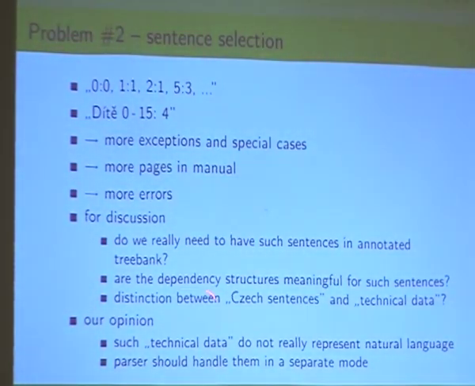At least we think there should be some kind of distinction between, say, Czech sentences and such structures, so that the sentences that have such a structure that is debatable if it is Czech at all would be marked with some feature, so that when we develop and test a parser we could say we don't want to evaluate our parser on these sentences.